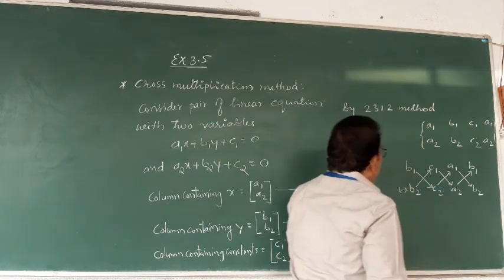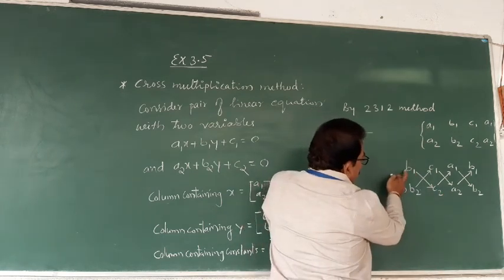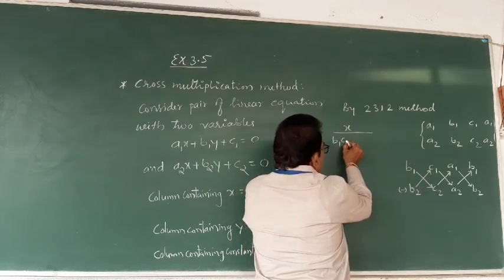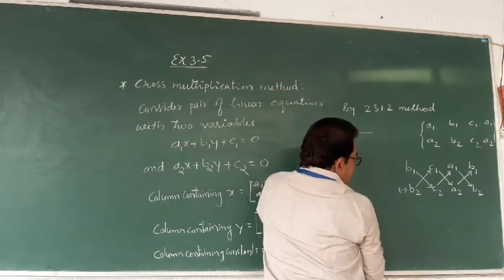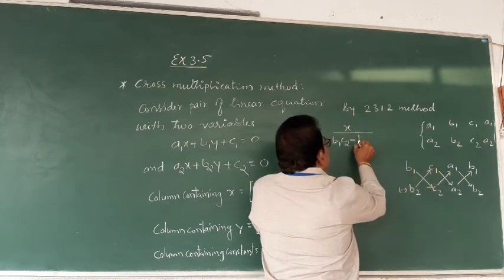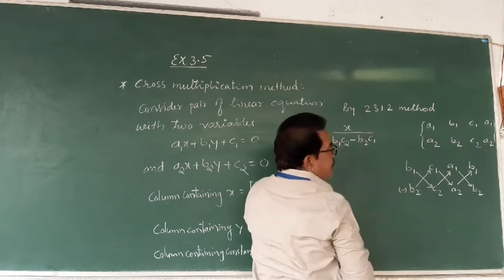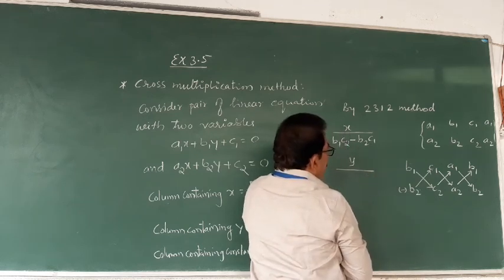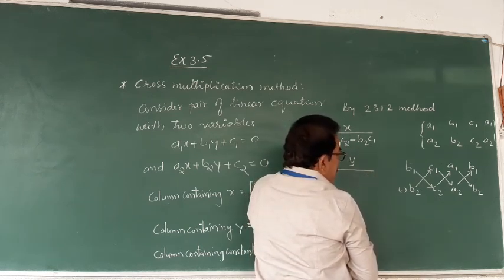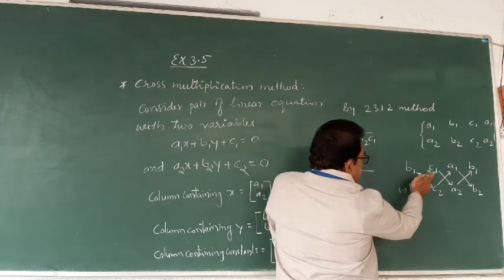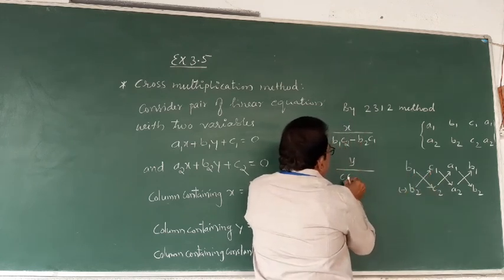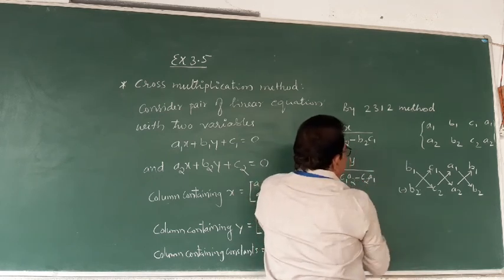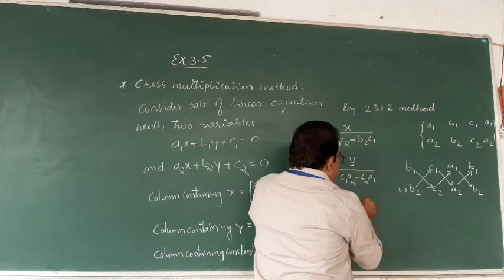That means we have x divided by b1 c2 minus b2 c1, then y divided by c1 a2 minus c2 a1. Then for the constant, 1.